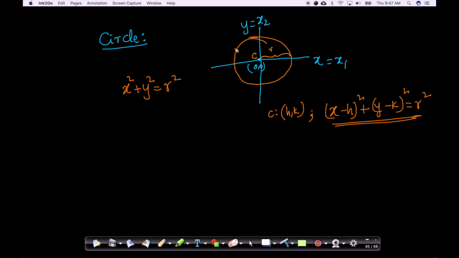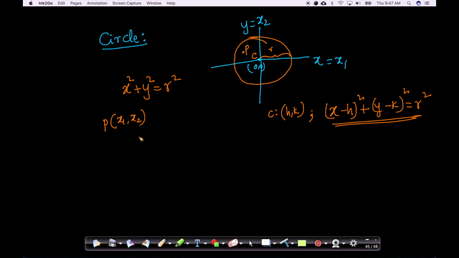Now let's assume I have a point P which has coordinates x1 comma x2. How do I determine whether a point lies inside a circle or outside a circle? Actually, a circle also separates your region, in this case your 2D space, into two regions: things which are inside the circle and things which are outside the circle.